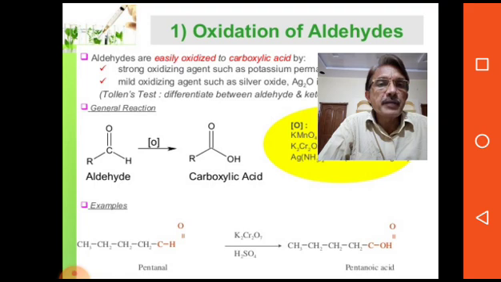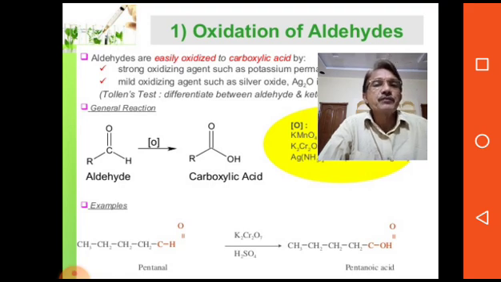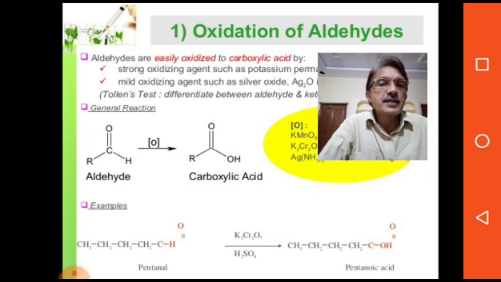Examples are given. Pentanal upon oxidation with K2Cr2O7 and H2SO4 gives pentanoic acid. In this reaction, the aldehyde group is oxidized to carboxylic acid, meaning the CHO group is converted to COOH.